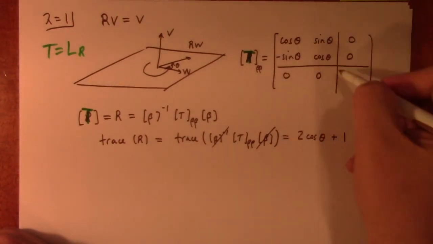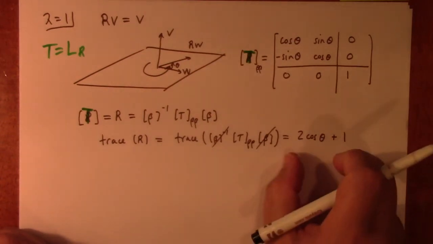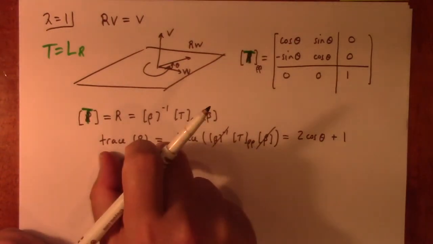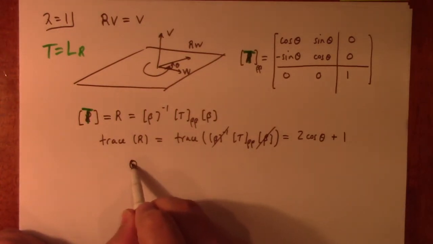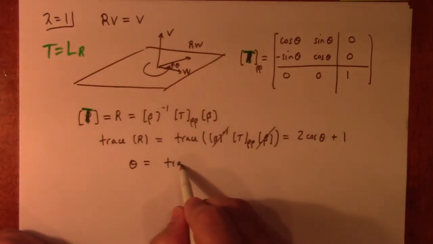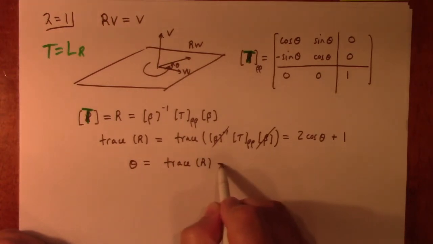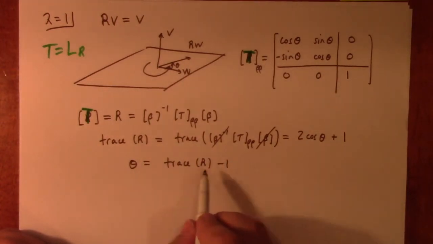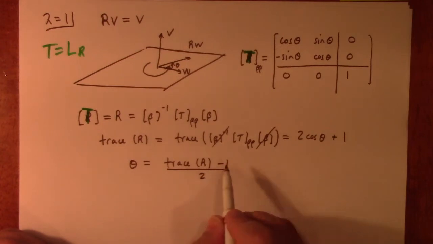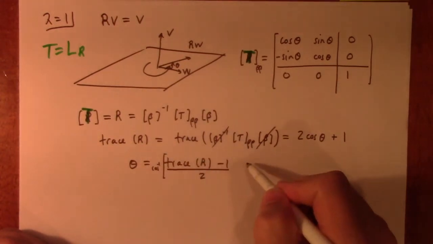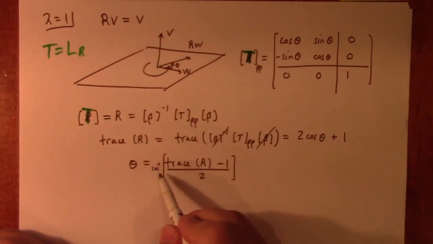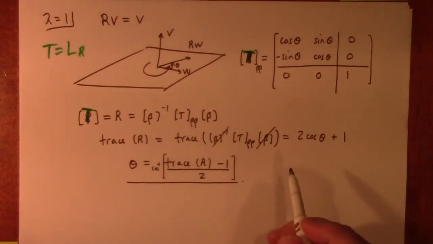That's the sum of the diagonals here. But this is invariant, so I can calculate this, and I get a formula for theta. Theta is equal to the inverse cosine of the trace of the rotation matrix minus 1, divided by 2. And that, folks, is a formula for the angle by which the rotation matrix rotates.